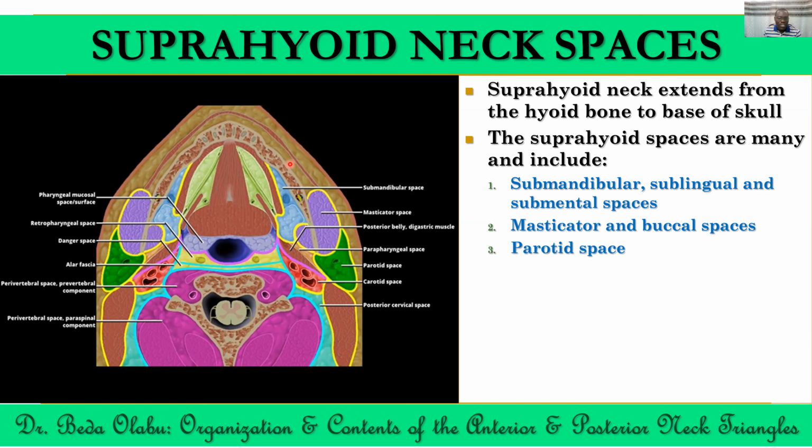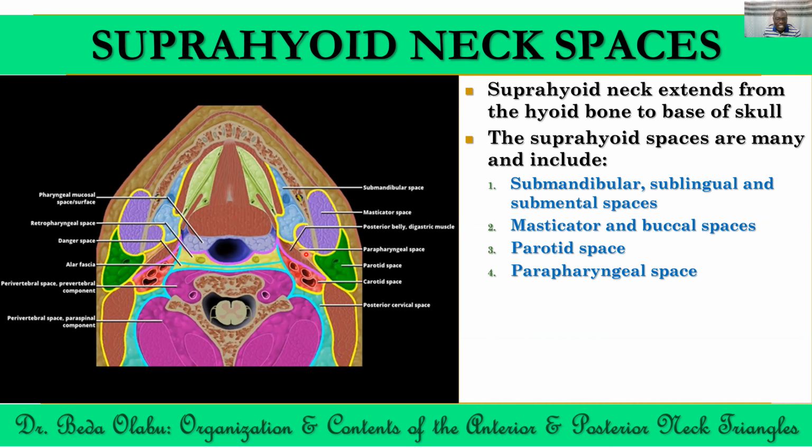Then you have the parotid space. The parotid space is the space that contains the parotid gland. We have the parapharyngeal space, also known as the pre-styloid parapharyngeal space, or you can just call it the parapharyngeal space.